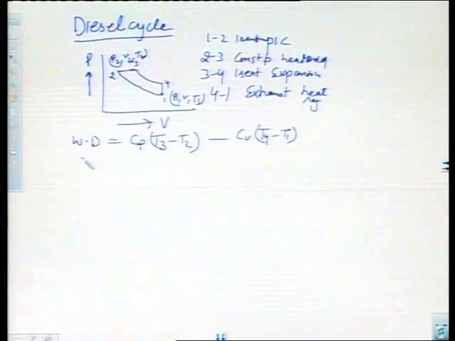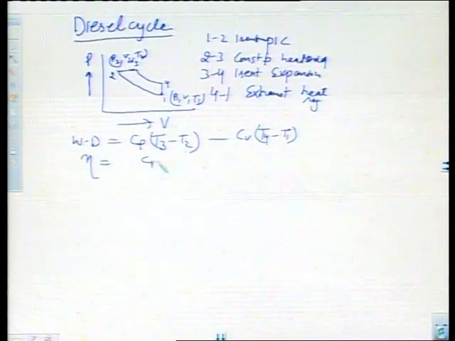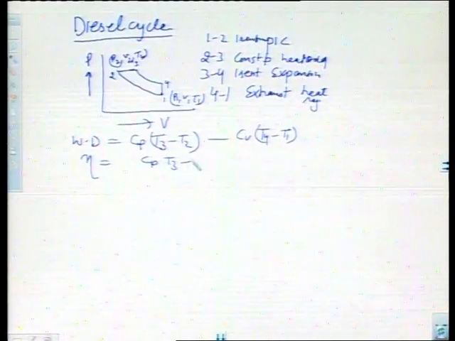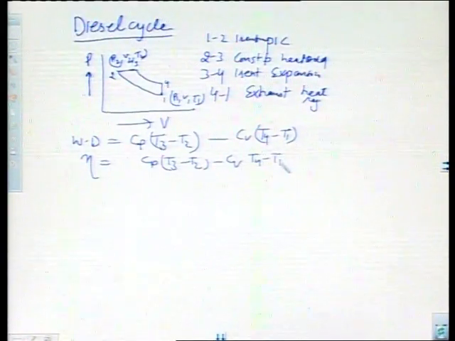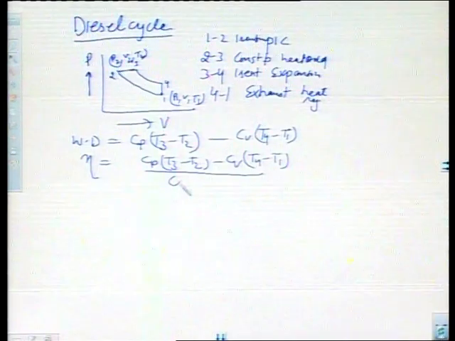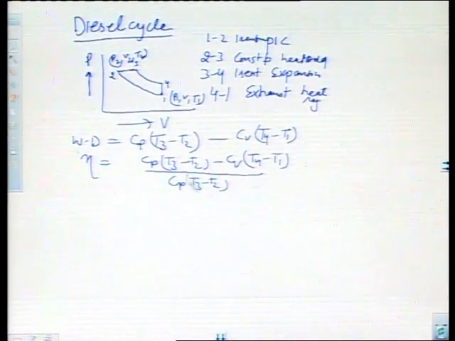Again, you find out what should be the efficiency. Efficiency is Cp(T3 minus T2) minus Cv(T4 minus T1), divided by heat supplied, Cp(T3 minus T2). So, this is the efficiency.